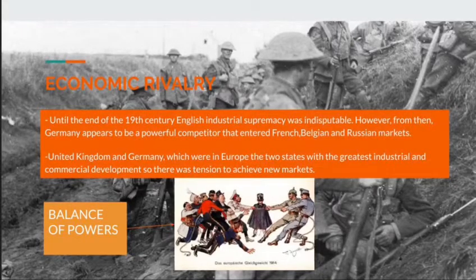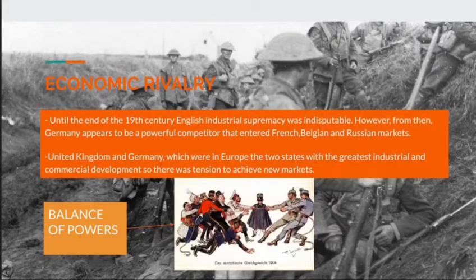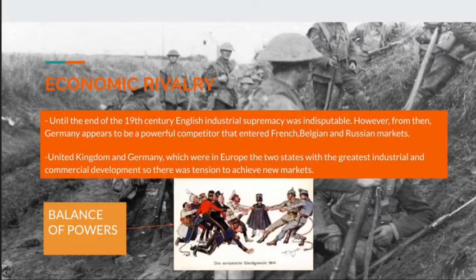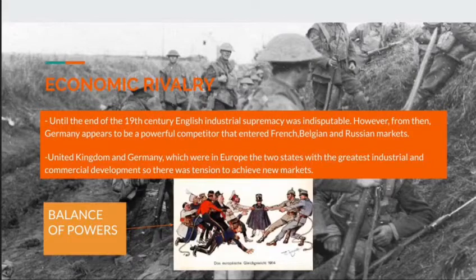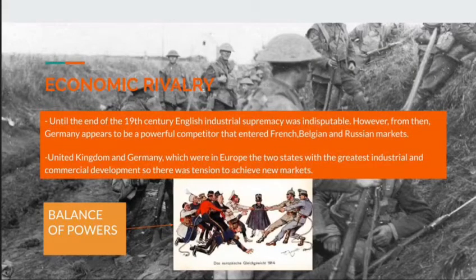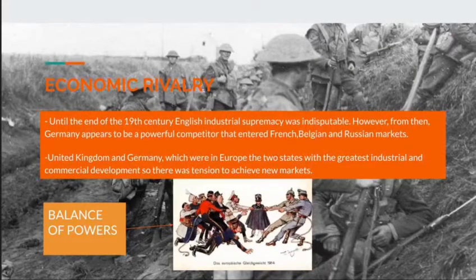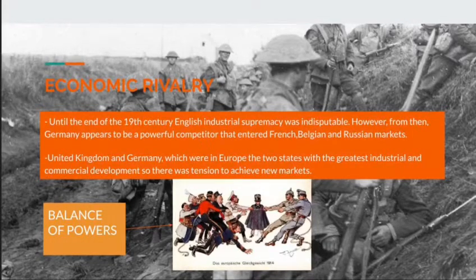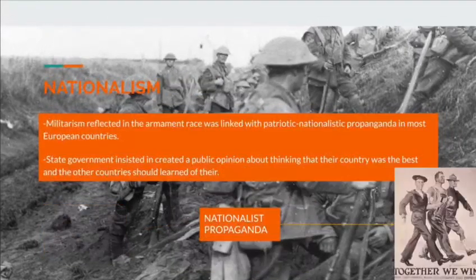Thus, Germany saw it necessary to find new markets where to sell its products, and the UK saw its colonial empire threatened. English mistrust made them seek the alliance with France by abandoning their traditional isolation.